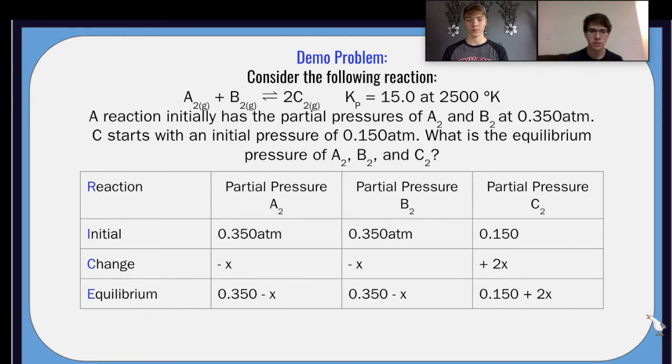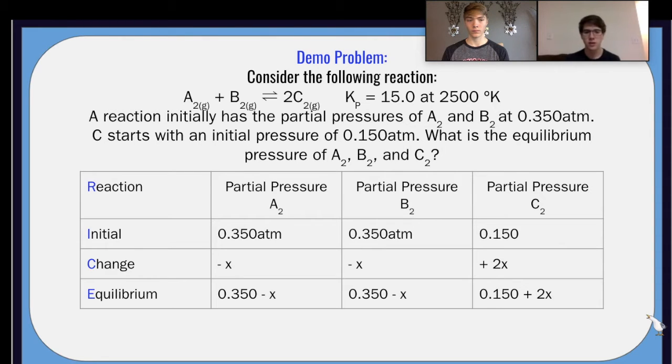So, one of the best ways to attack a problem like this is by setting up a RICE table. As you can see, there's the reaction, initial, change, and equilibrium. So the reaction is simply detailing that I have my reactants on the left of the table being A2 and B2, and my products on the right-hand side of the table as seen as C2.